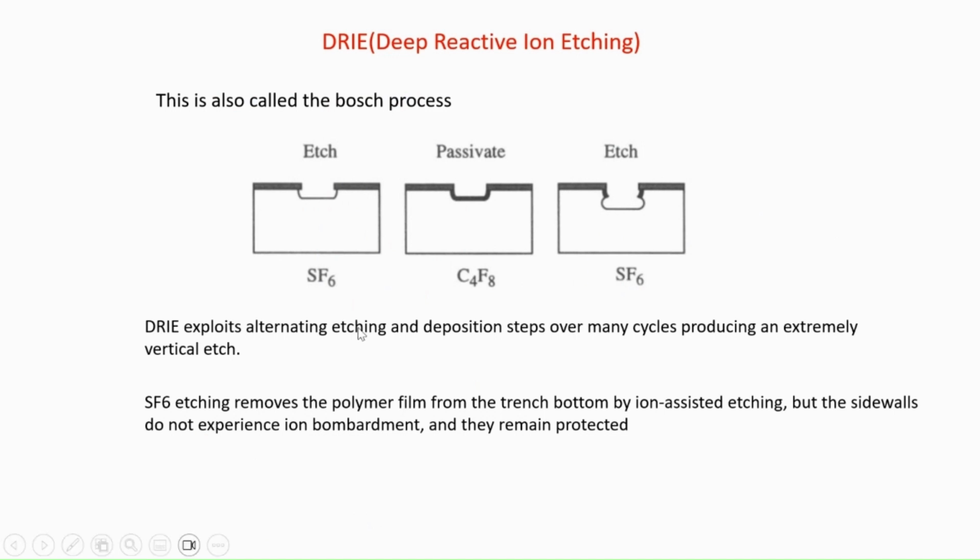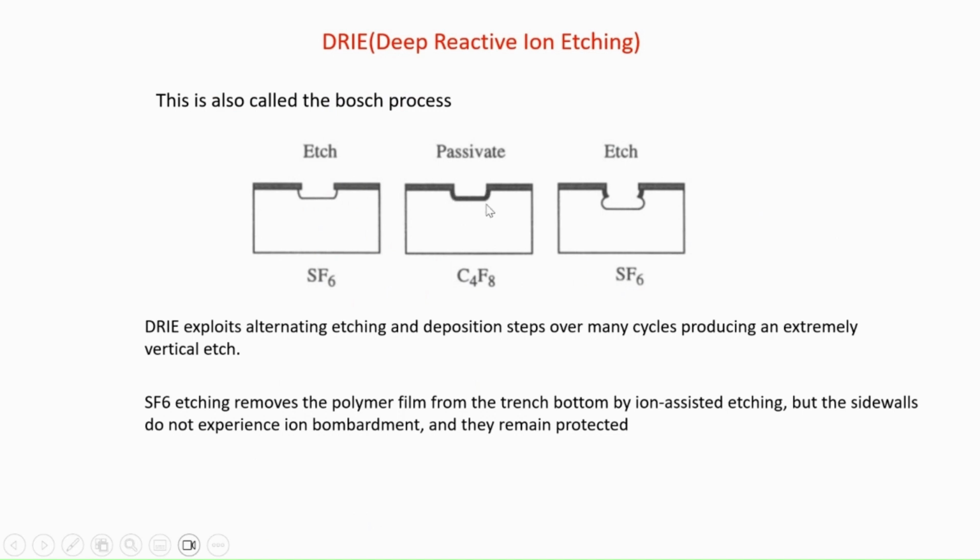You may ask how the C4F8 gets removed from this part, because only then can you etch further. If it is passivating here also, you can't etch downward. The side doesn't experience the ion bombardment; only this part experiences ion bombardment, and hence only here the C4F8 will get removed and etching continues, while on the sides the passivation is still there.